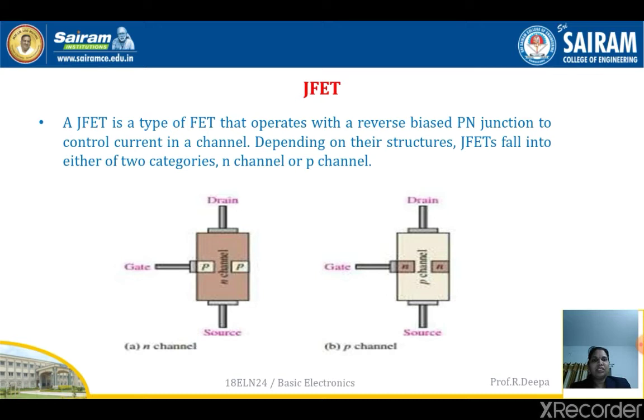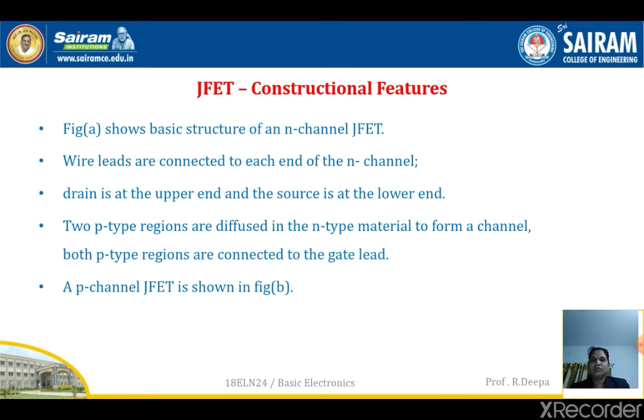Above the P channel is the drain terminal and below it is the source terminal. So basically a FET has three terminals: drain, gate and source. This is what we have seen now.